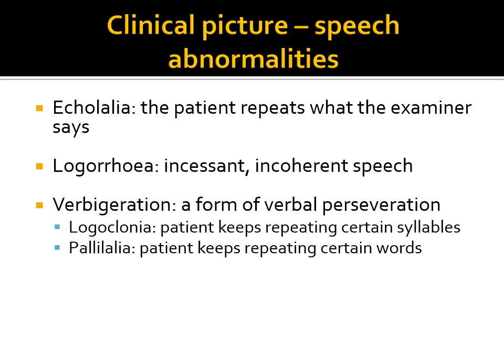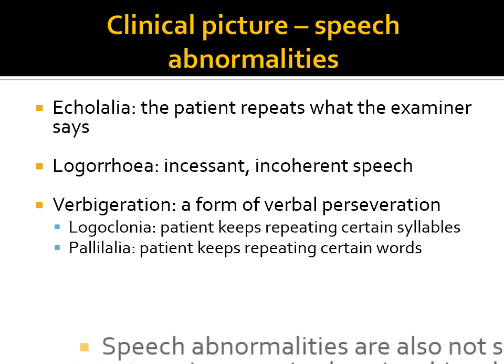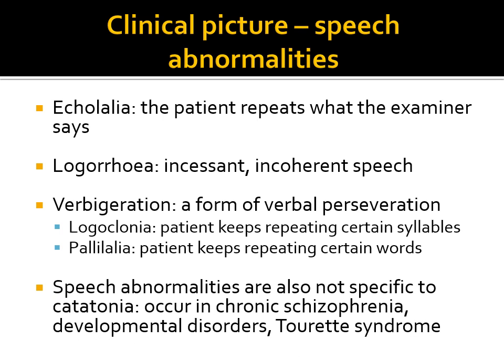Verbigeration is a form of verbal perseveration, and it includes logoclonia, where the patient keeps repeating certain syllables, and palilalia, where the patient keeps repeating certain words. Speech abnormalities are also not specific to catatonia, and they can occur more commonly in chronic schizophrenia, developmental disorders, Tourette syndrome, etc.